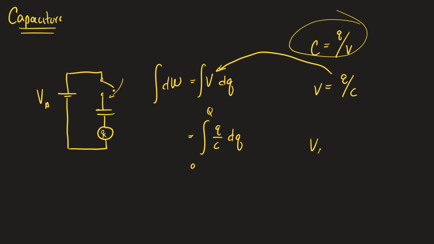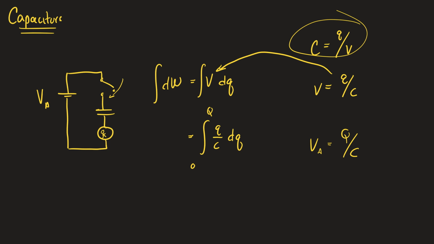Eventually, I will get to the full value applied by the battery, where the potential across the capacitor equals the potential of the battery. But you understand that there's a point in the middle when we're charging the capacitor, while we're waiting for charges to be deposited on the capacitor, where the voltage of the capacitor starts at 0 and slowly builds up until it reaches maximum potential difference when it matches the battery. Does that make sense to you guys? That may happen very fast, but it's not instantaneous.